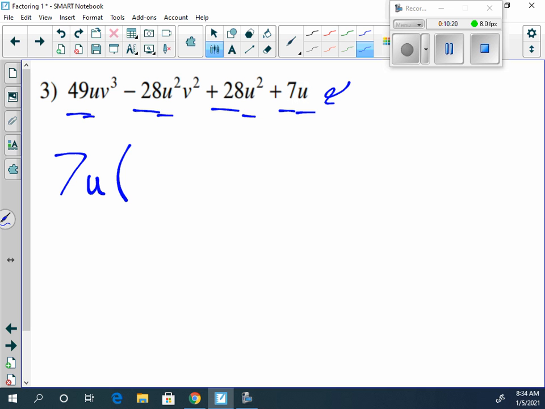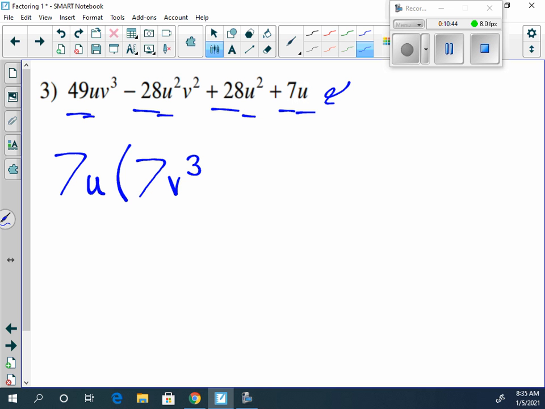Now, 49 divided by 7 would give me 7. Well, there's one u, and if I factor it out, I'm just left with v to the third. So 49uv cubed, when I factor out 7u, leaves me with 7v cubed.